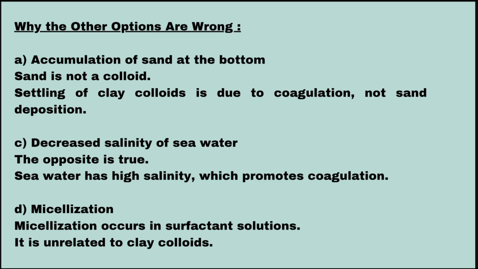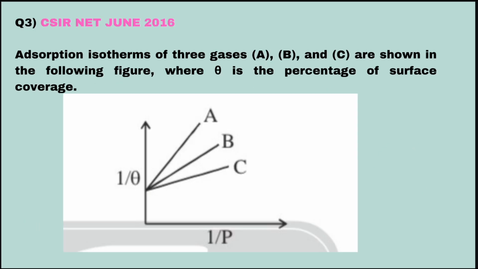Here the opposite is true. Seawater has high salinity which promotes coagulation. And in D, vitrification. Vitrification is not related to clay colloids. So option B, coagulation and flocculation is the correct answer. Now let's move to the third question.